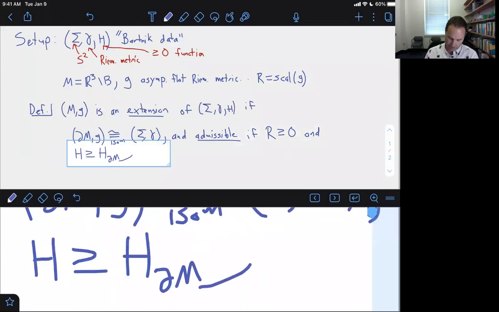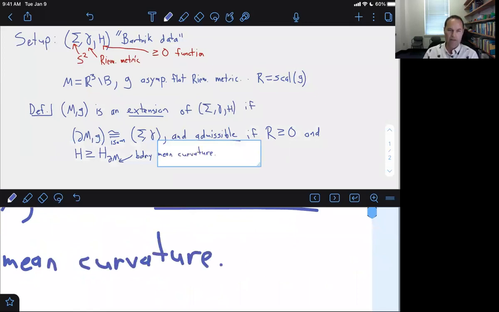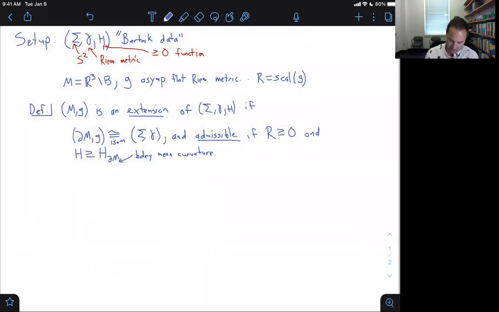So H of partial M here is the boundary mean curvature. If you wanted to, you could consider equality here. But in general, this inequality on the mean curvatures corresponds to positive scalar curvature in a distributional sense along the boundary.